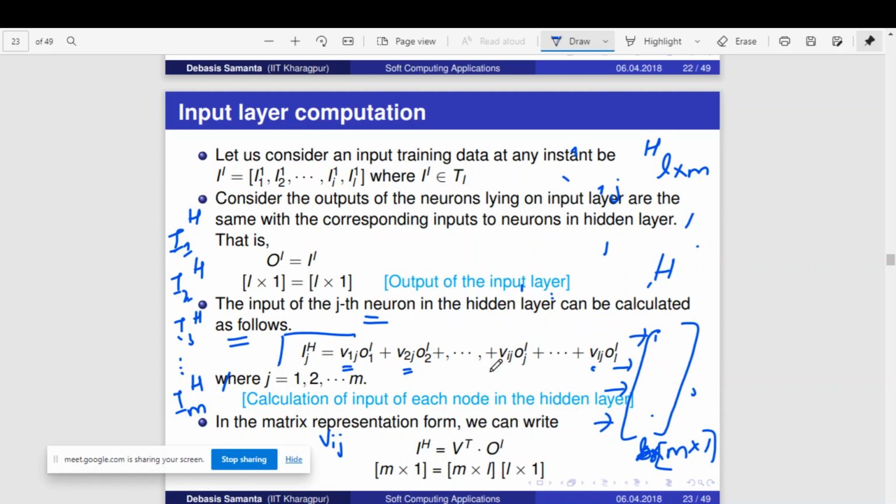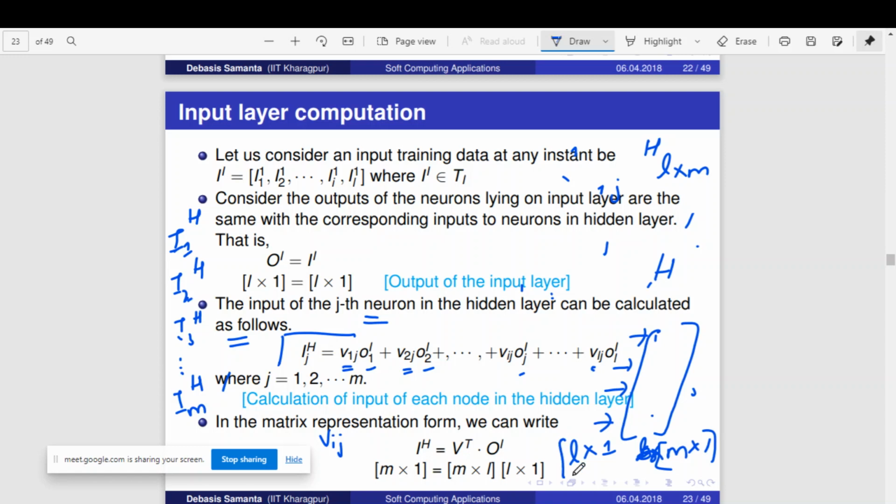Sorry, O is the output of the input layer. So this is O1L, O2L, OJL. All these are output from the input layer. How many neurons are there in the input layer? L neurons. So if you take only the output of the input layer, what is the size of that? L cross 1.